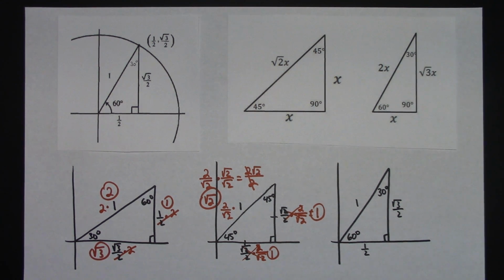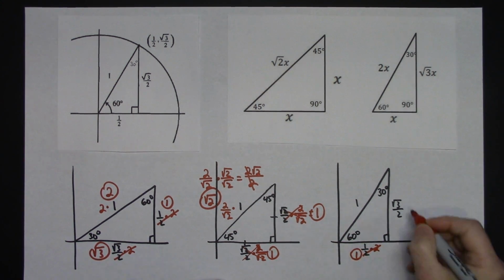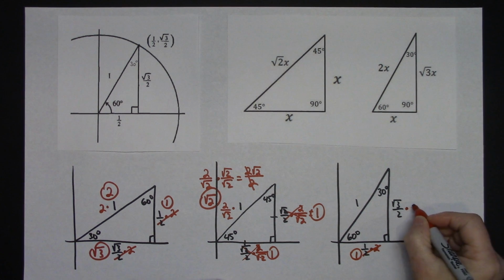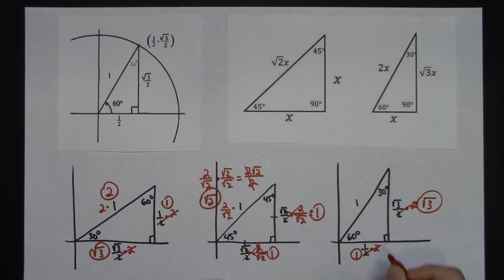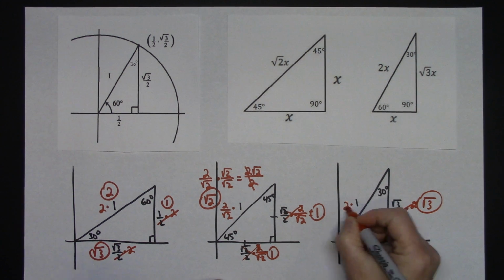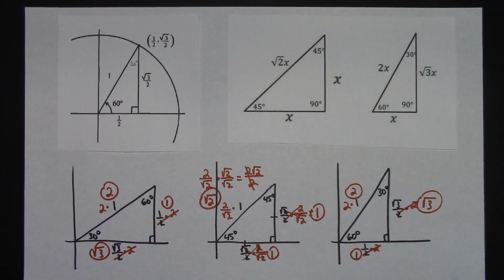I'm going to choose to multiply through by 2. Multiplying the bottom by 2, that's going to cross out, it's going to make this side 1. Multiplying this side by 2, the 2's are going to cross out, that's going to make this square root of 3 for that side. And then again, multiplying by 2, 2 times 1 is going to make that side a 2.